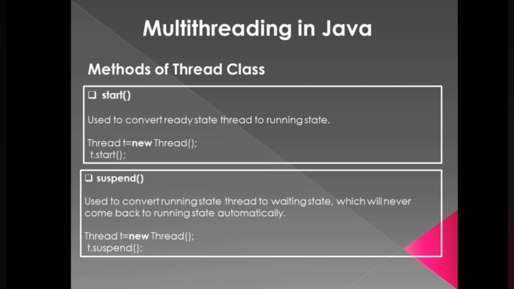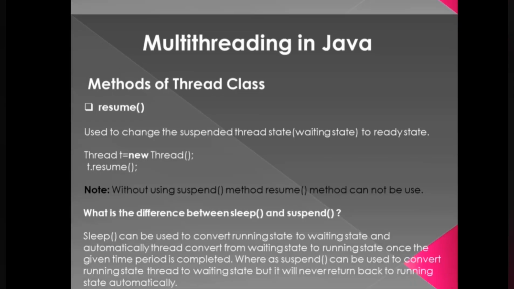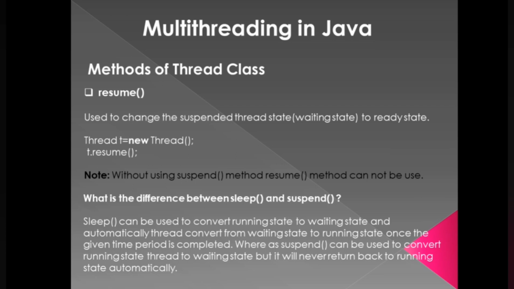Here we have Thread t = new Thread(); t.suspend(). Next one we have resume, used to change the suspended thread from waiting state to ready state: Thread t = new Thread(); t.resume(). Keep a note that without using the suspend method, the resume method cannot be used.